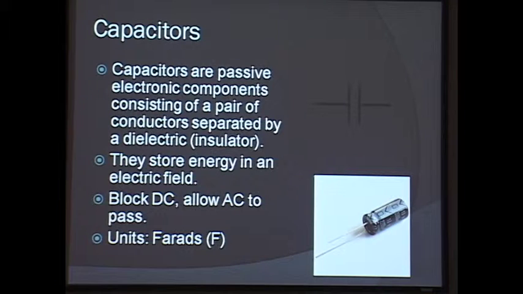Their units are farads. Here's the electronic circuit diagram symbol, and here's an example of a capacitor. We looked at them a while ago on some other boards to see whether capacitors were bulging, and if they're bulging, it's an indication that they're bad.